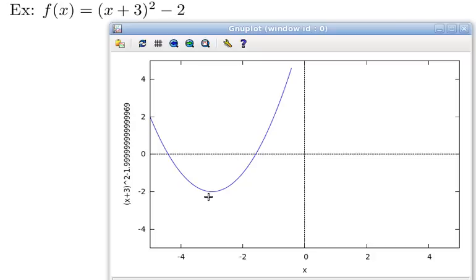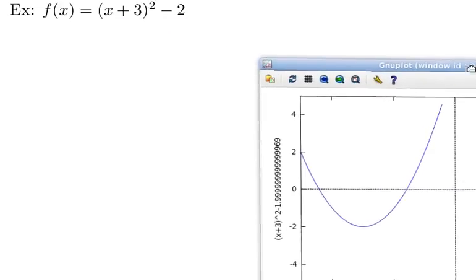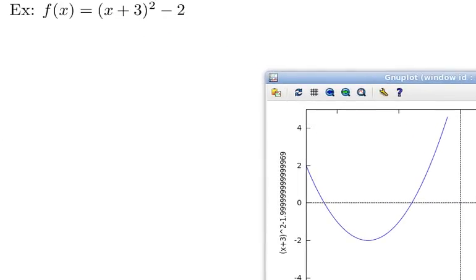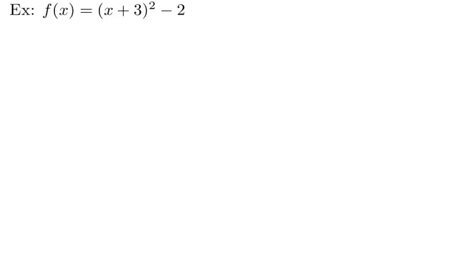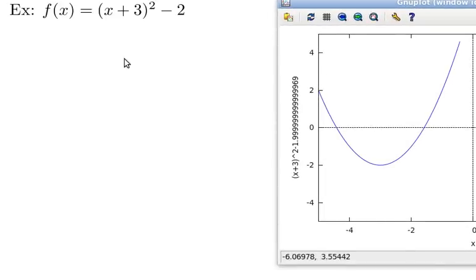So we know now that we have a parabola that opens up, has the vertex at -3, -2, but wait a minute, this doesn't look at all like a parabola that we've usually worked with. Well, let's go ahead and multiply all this out and see what happens. So we have x plus 3, and I'm going to do this with the mouse.